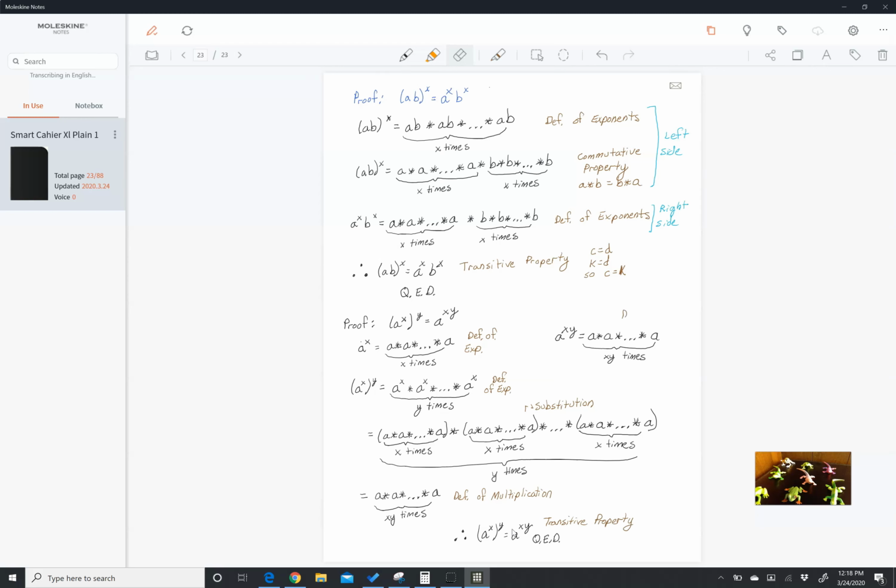The left side, this was because of the definition of exponents. So this whole section here was your left side.